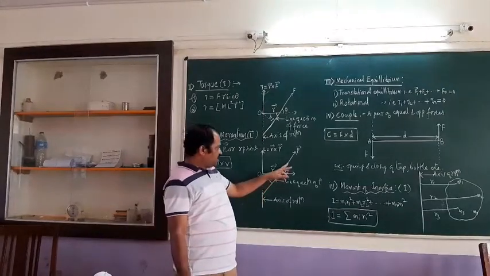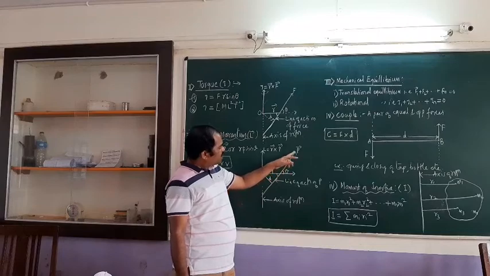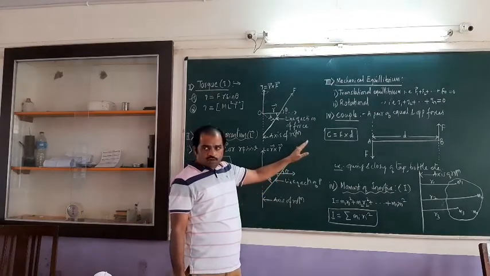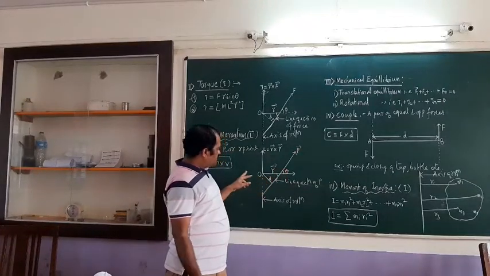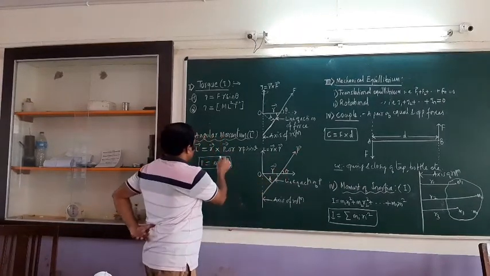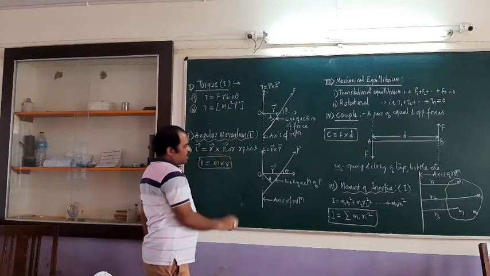So let us consider the body again. Here, instead of force, let linear momentum be acting along this direction. Angular momentum is represented as a product of linear momentum and the arm of the force.